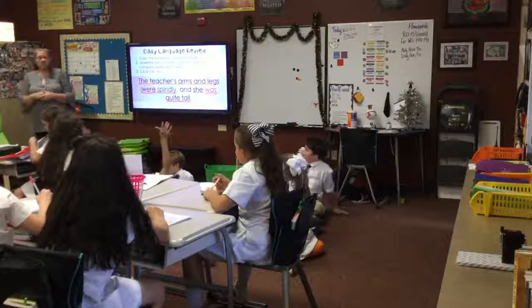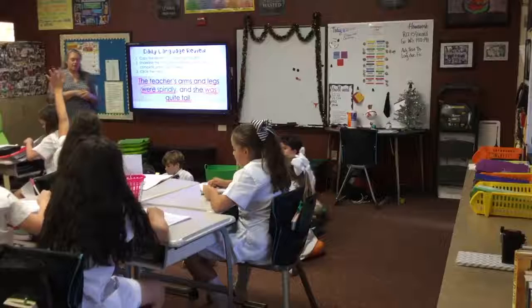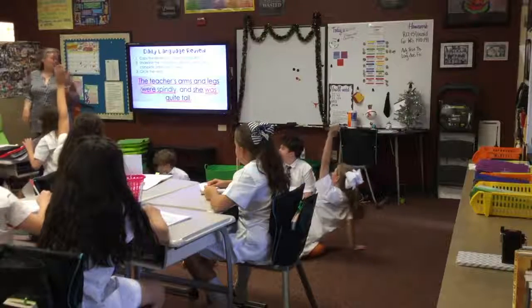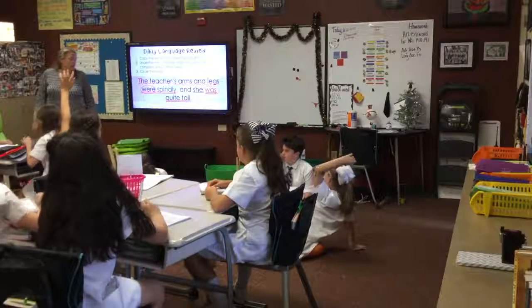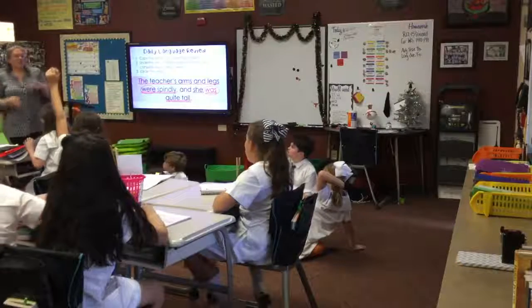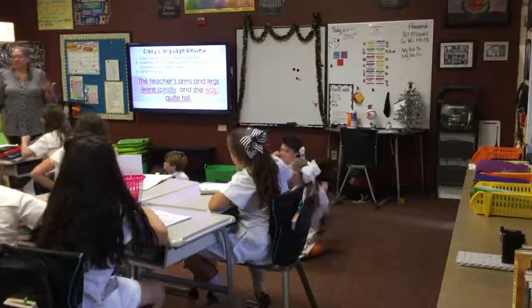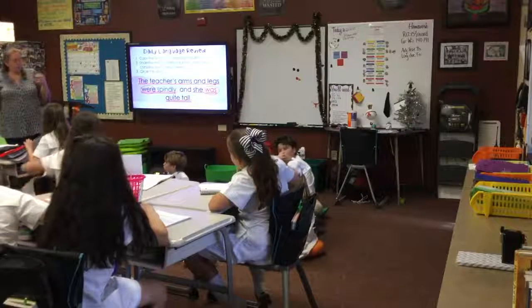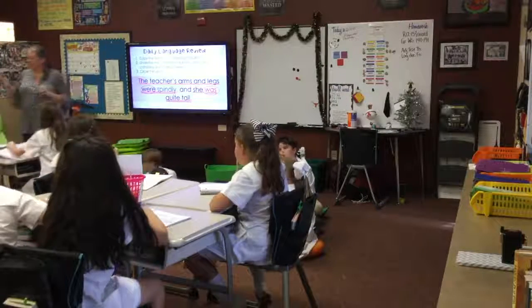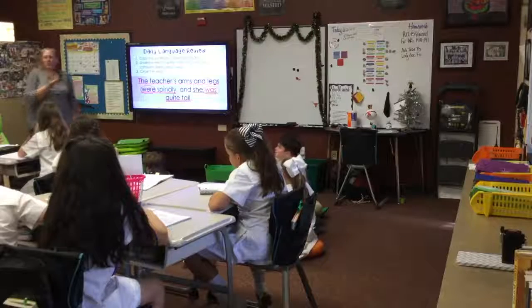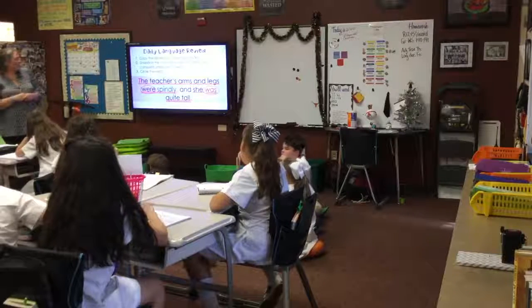Skinny? What else? Like, I'm guessing fragile. Can be fragile? Possible? Small? I think it's more like long and skinny. I think someone told me in the other class, a spider's legs is what they think of when they think of spindly, because of the way they move, they're kind of long and skinny. Okay, so spindly would be like long and skinny.